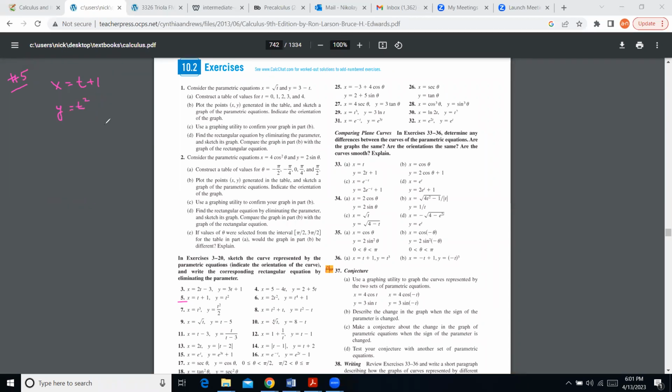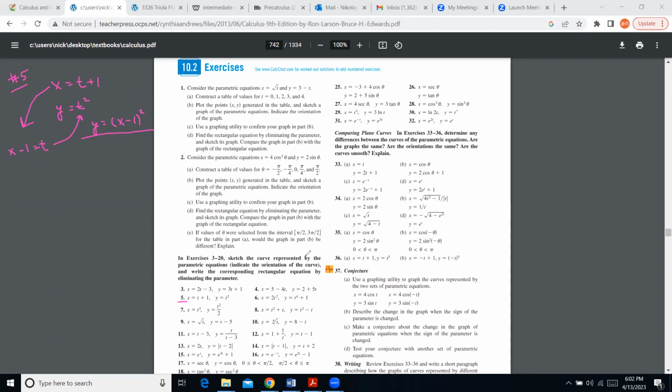And it looks like from my first equation, I can pull out the parameter t, which is going to be x minus 1, and then replace it into the second equation to get a relation on x and y. So x minus 1 squared will be our equation.